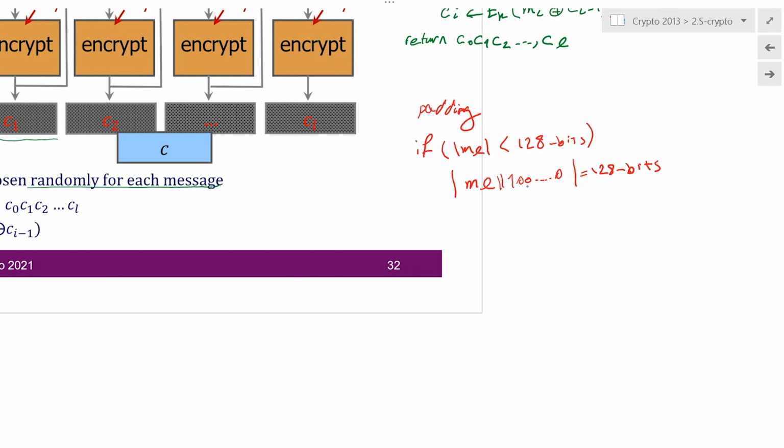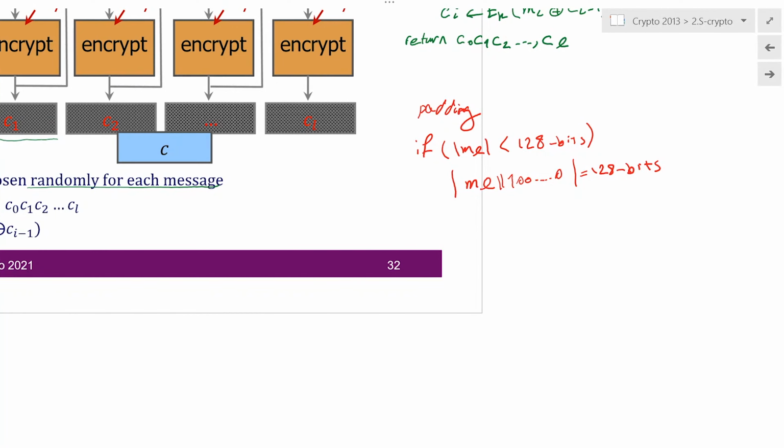So now we have a pattern. What if ML ends with 1? You see that there's no problem. We start with the end, and we go until we see this 1 and we get rid of it. So if there is any 1 at the end of the ML, it would be untouched, right? So that could be it. We already added this pattern that is not random.